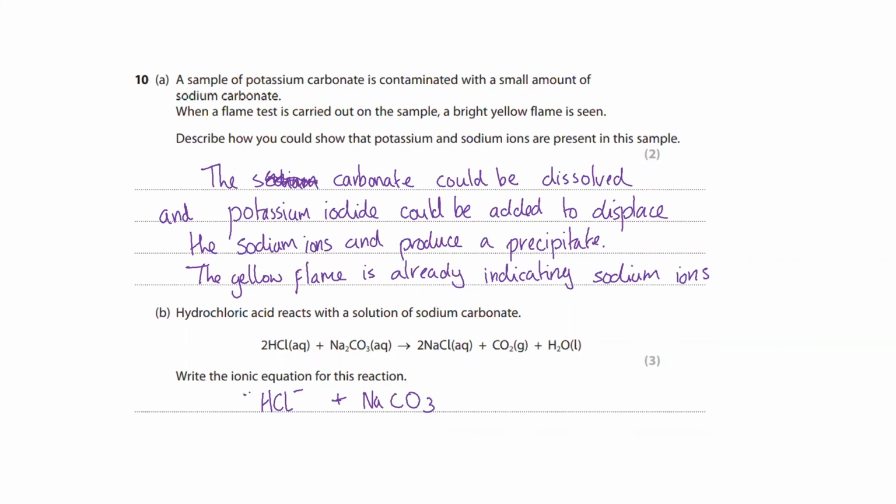If you think about it, we can work this out. So the sodium must be 2 plus, the carbonate is 2 minus, goes to 2 NaCl, plus CO2, plus H2O.